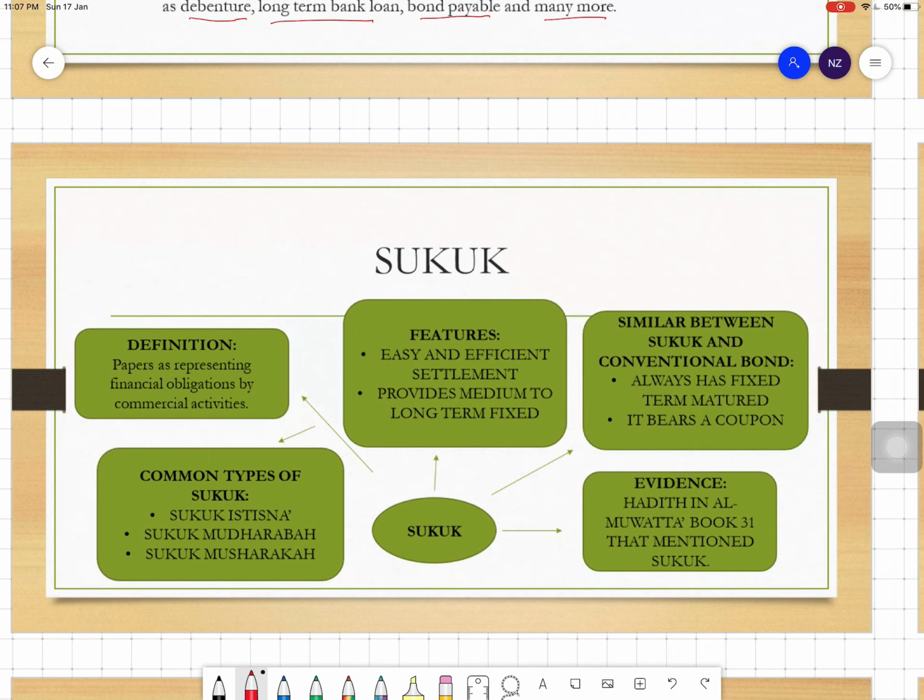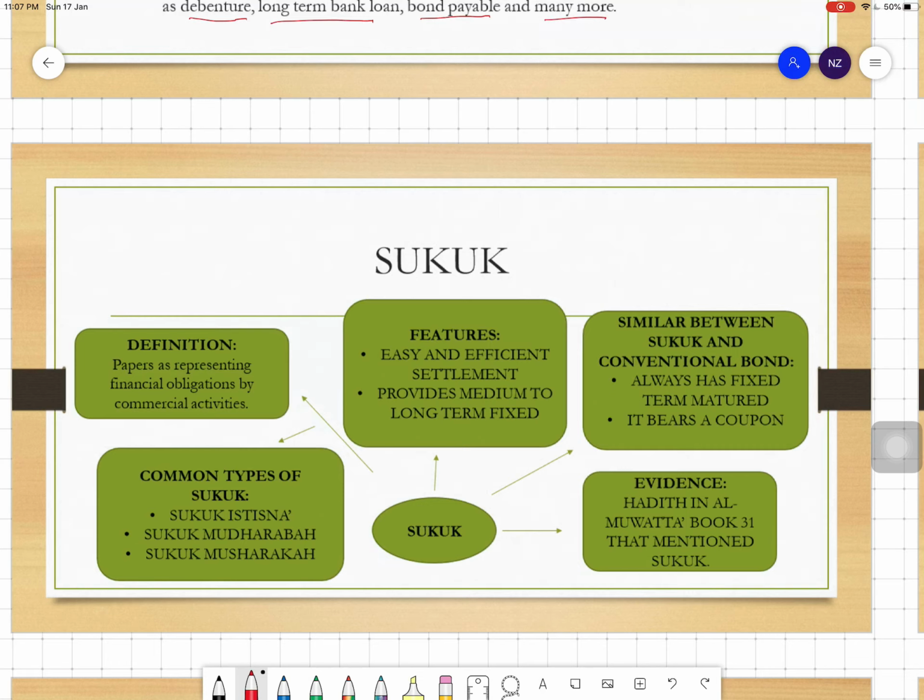If someone issues a suku and the investors buy the suku, the one who issued the suku to the investors has an obligation, meaning they must provide or distribute the profit to the investors later on or at the maturity date.